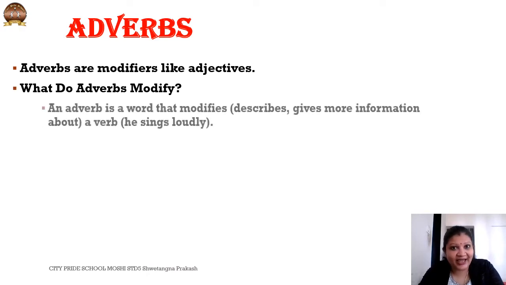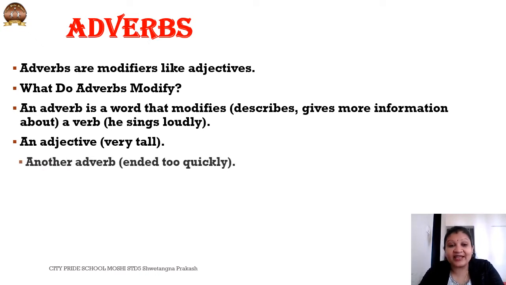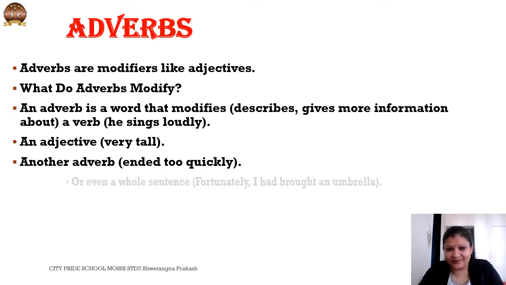So what do they actually modify? If you think, you will find the answer in your mind because you have already studied this topic, adverbs. Adverbs are words that modify or give more information about a verb. They can also give more information about an adjective. Then they can modify another adverb as well.